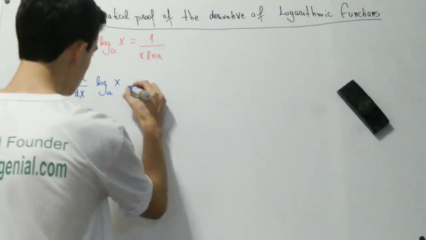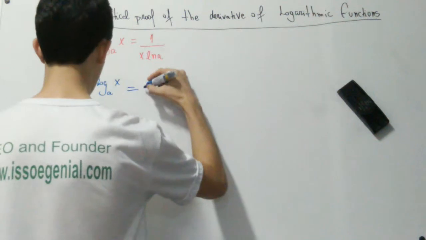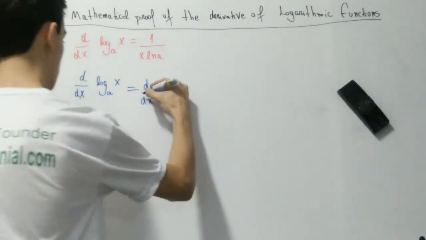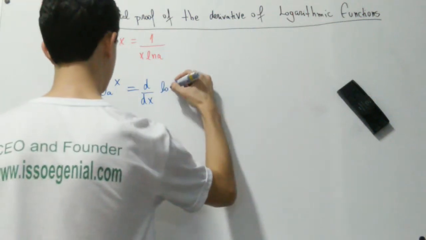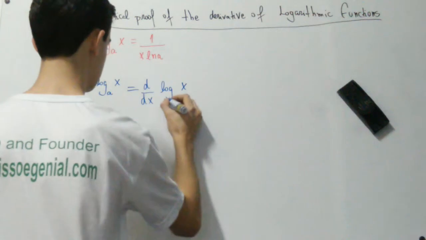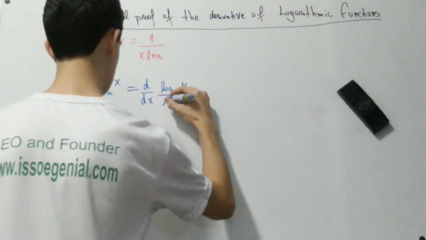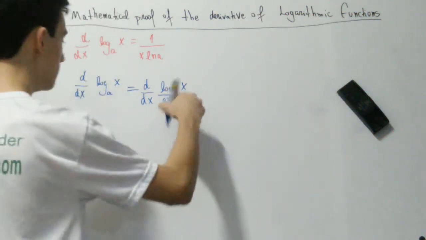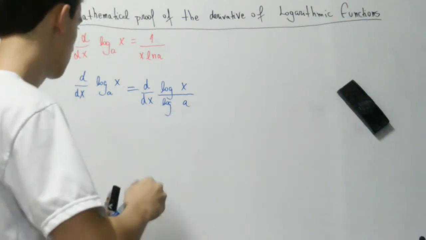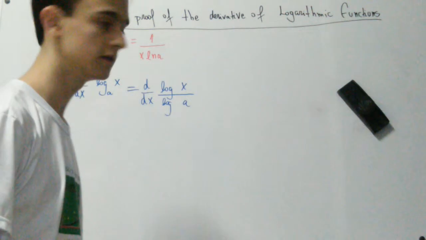So what's going to happen is we have the derivative with respect to x of log some new base of x over log the same new base of a. This is the change of base property of logarithms.